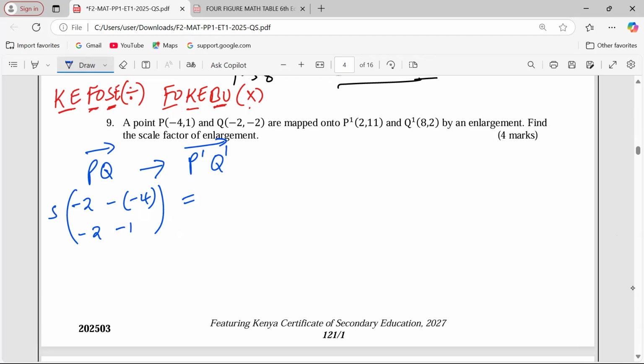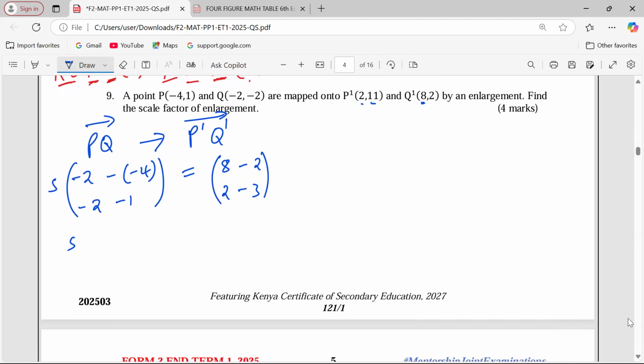So we need to talk about 8 minus 2, then 2 minus 11.